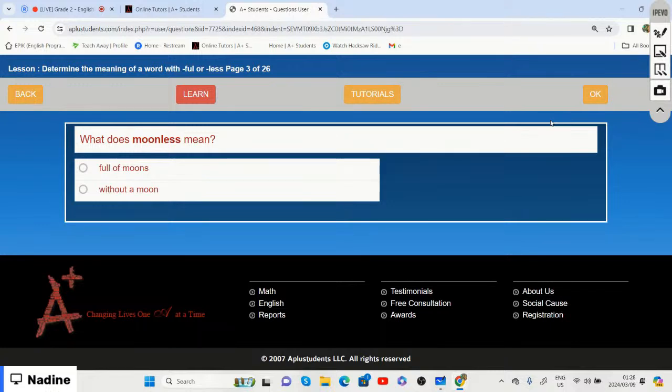And if we choose the word moonless, all right, so we have moonless. So which means that if it is less, moonless, then it is without a moon. Yes, so well done. Without a moon.